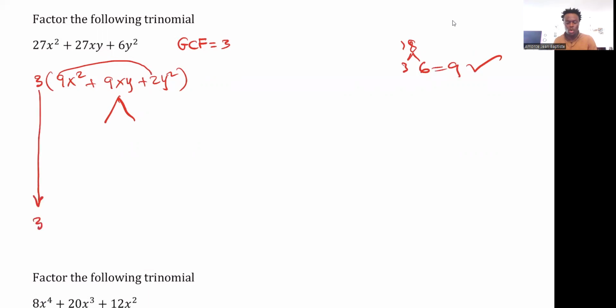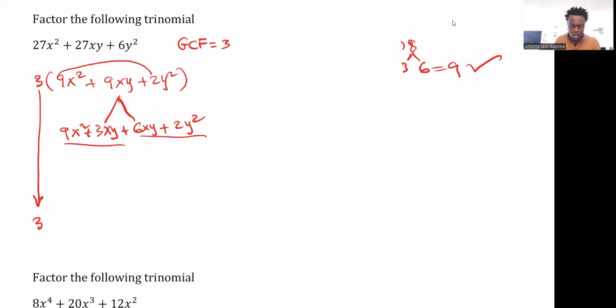But now I'm going to work with the part in parentheses. So that is 9x squared plus 3xy plus 6xy, and I drop the 2y squared. Now that I have four terms, I can group factor. First group, second group.